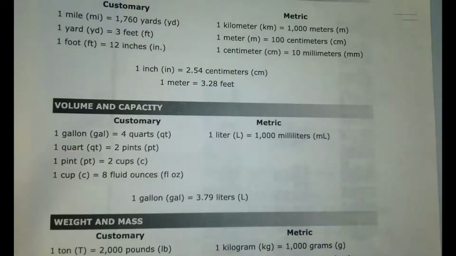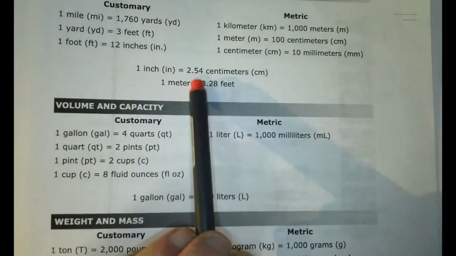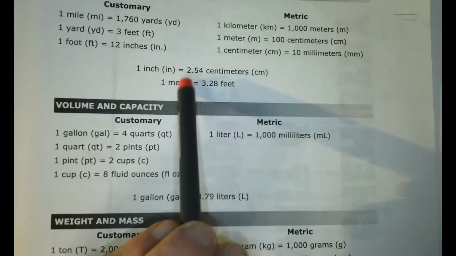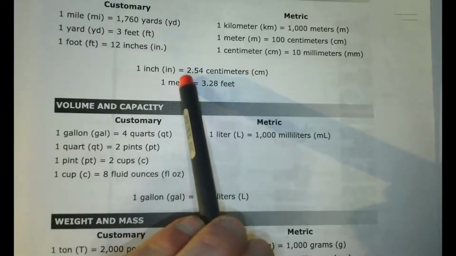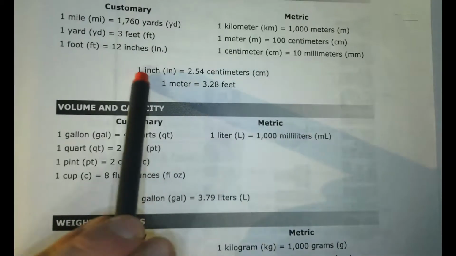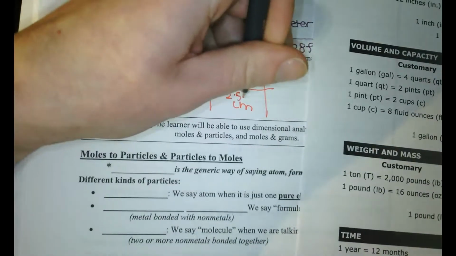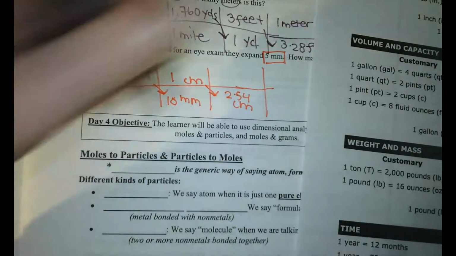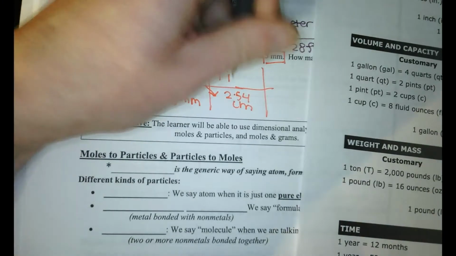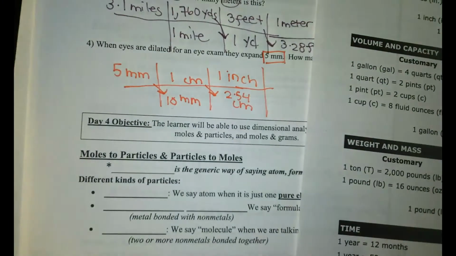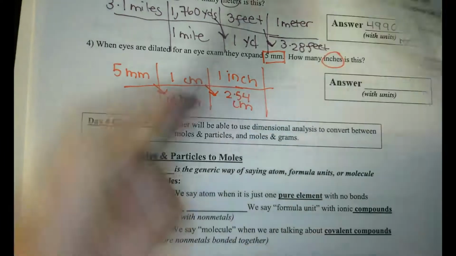Okay, so I'm at centimeters and I'm trying to get to inches. What is my conversion factor? Okay, so for every 2.54 centimeters, that equals 1 inch. So I'm going to write 2.54 centimeters is equal to 1 inch. And now I've got to what I circled.